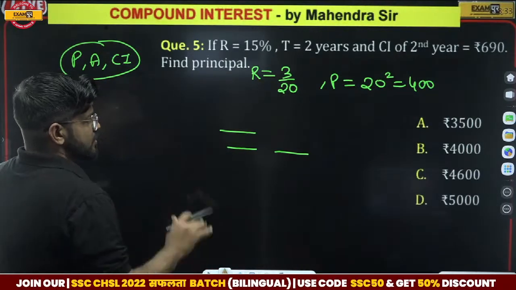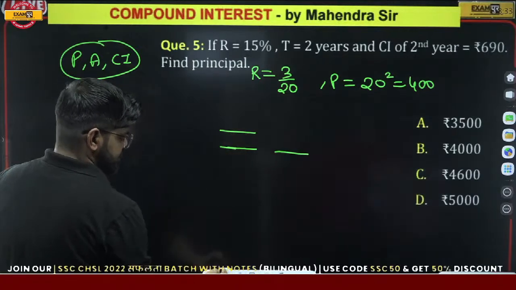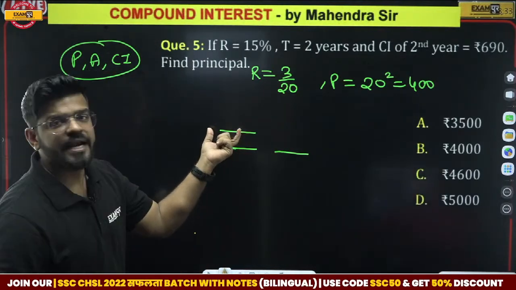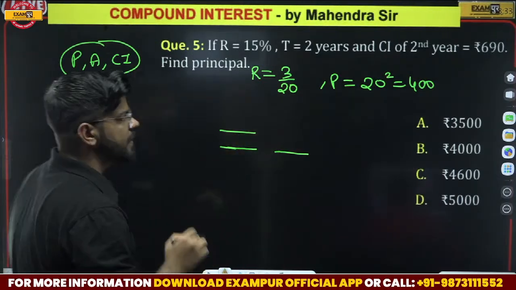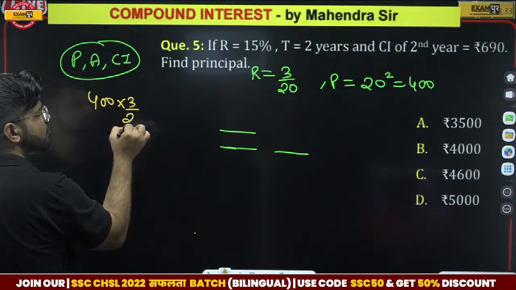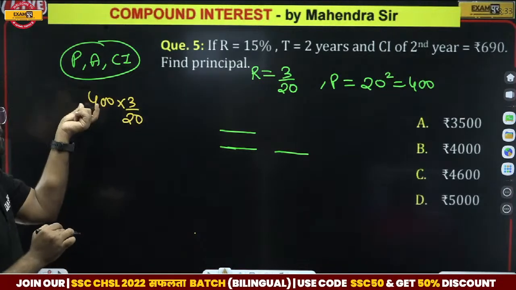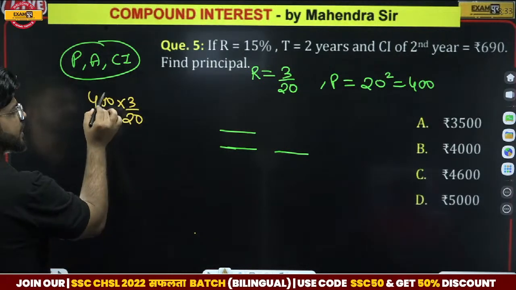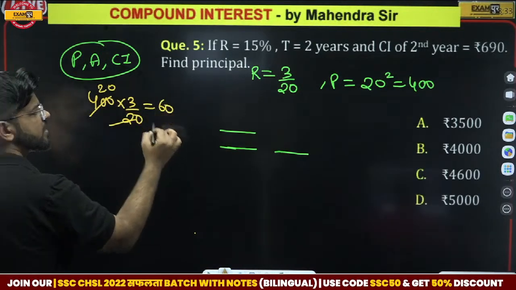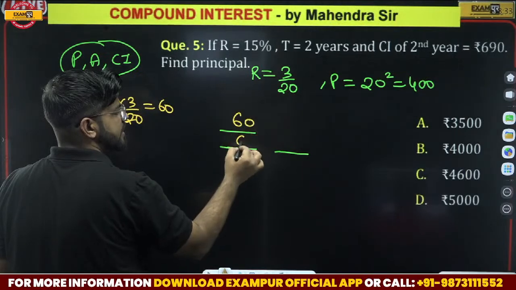Very good. So first of all, here we write P into R: 400 into 3 by 20. What will I get? 20 will be divided by 20, and we get 20 here. Then 20 into 3 is 60. So 60 here and 60 here.